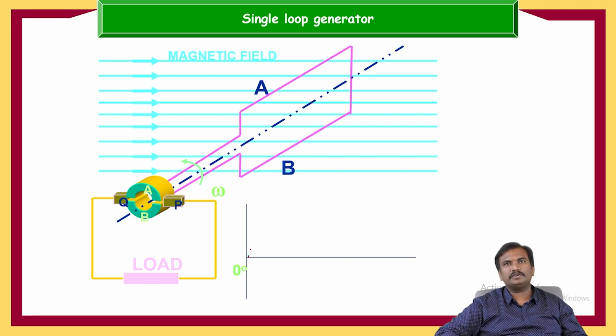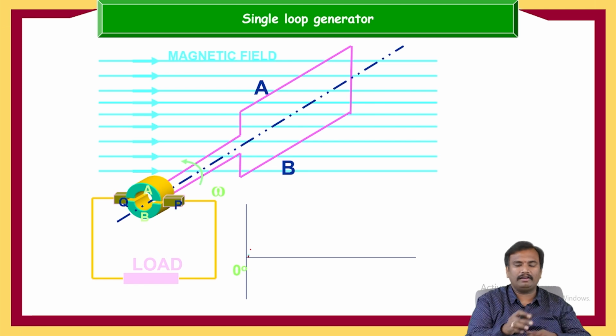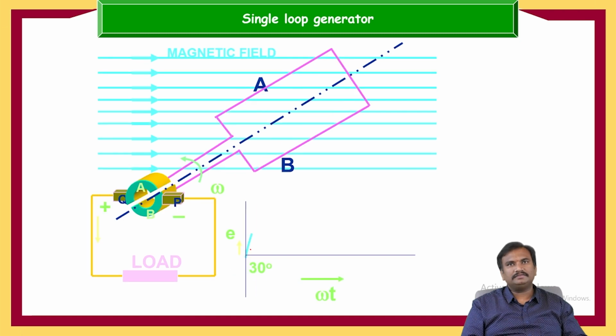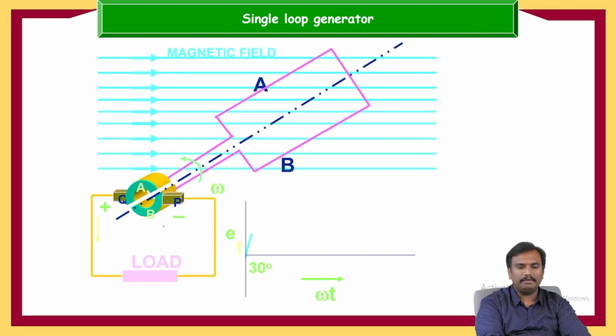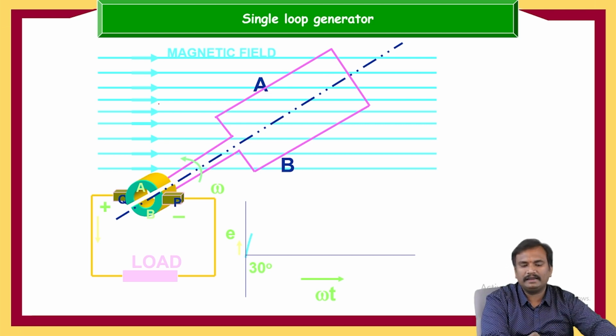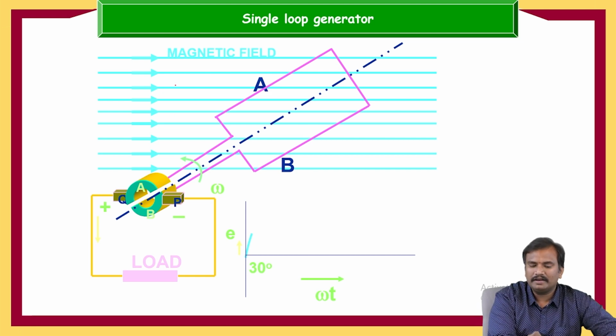When we change the position of the coil by 30 degrees anti-clockwise, A also starts rotating and B also rotates. The slip rings have rotated along with this. So when this rotates, the flux cutting increases, because the flux is being cut by the conductors.